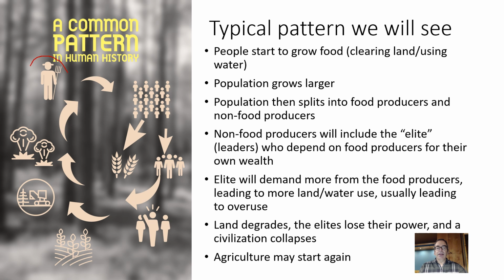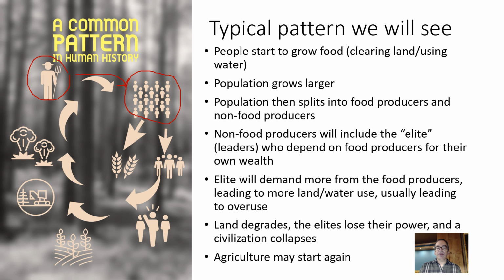In this particular case, you've got people learning to grow food. We're going to start looking at the Neolithic next week, which is when people learn how to grow plants and domesticate animals. Now, as people are growing more plants and domesticating more animals, there's more food. So you get a larger population growing.